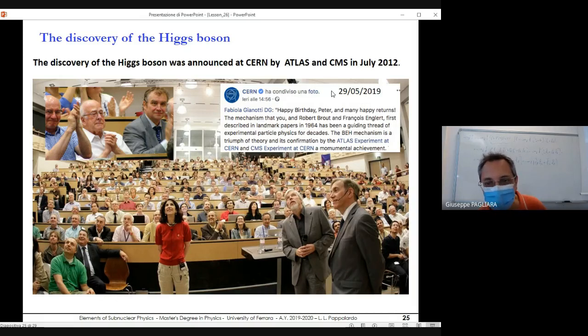The mechanism that you, Brout and Francois Englert first described in a landmark paper in 1964 has been a guiding thread of experimental particle physics for decades. The Brout-Englert-Higgs mechanism is a triumph of the theory, and its confirmation by the ATLAS and CMS experiments is a monumental achievement. Indeed, with the discovery of the Higgs boson in 2012, the Standard Model is complete.